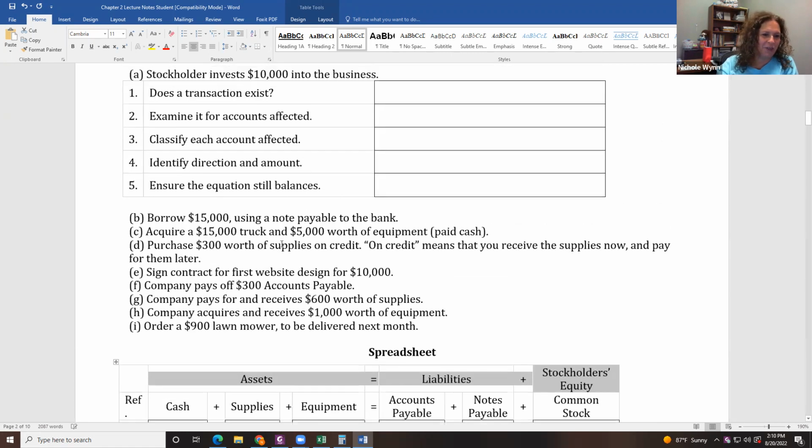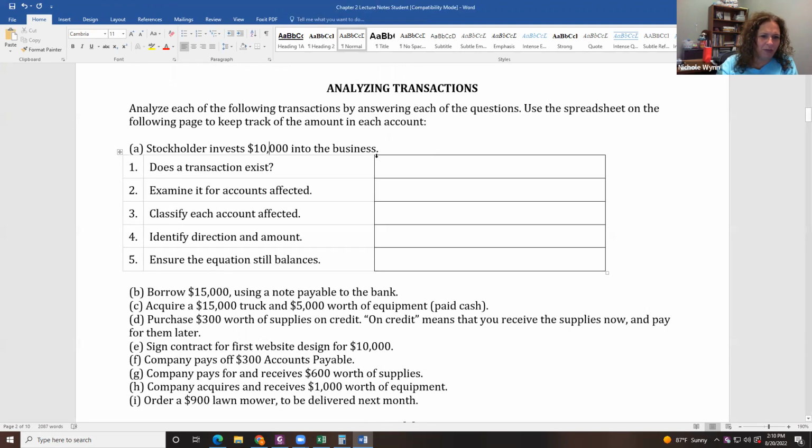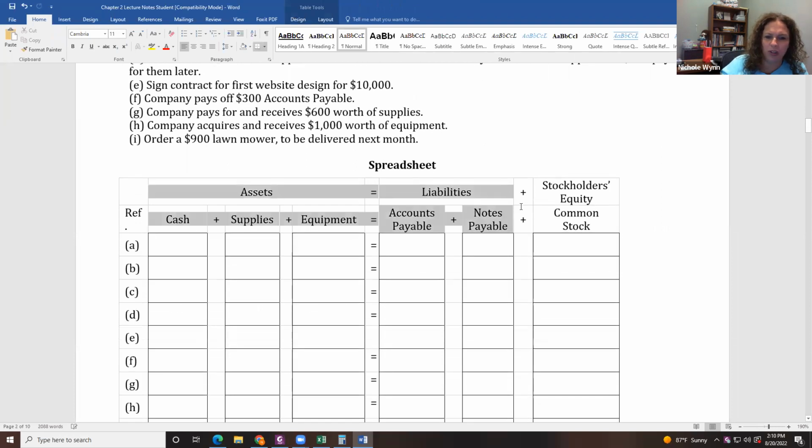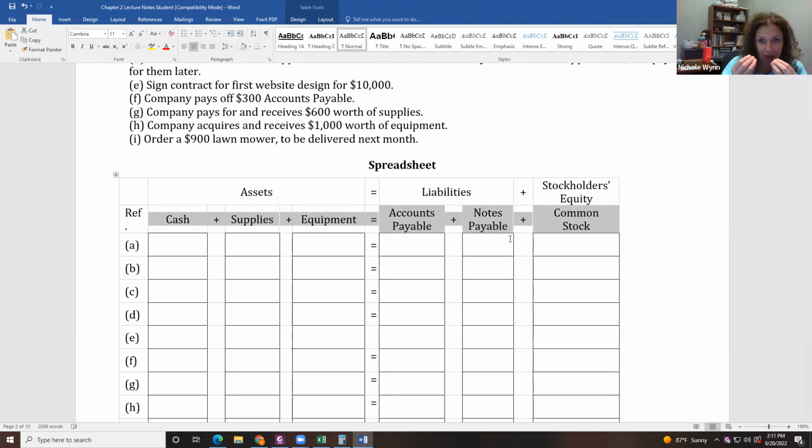Okay, so all right. Stockholder invests 10,000 in the business. So does a transaction exist? Yep. Examine it for accounts affected. So we're going to go down here and identify what 2 columns we want to use. The stockholders are going to give us money. We have money and they have owner's equity.